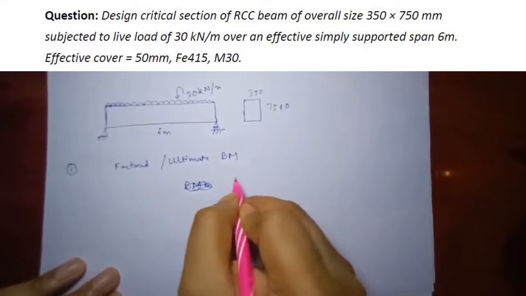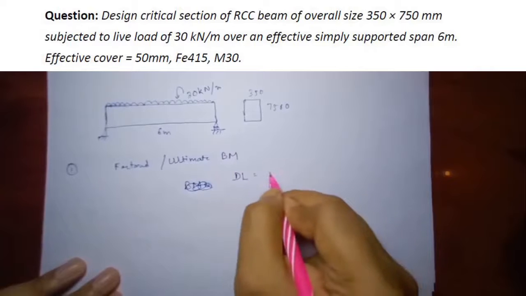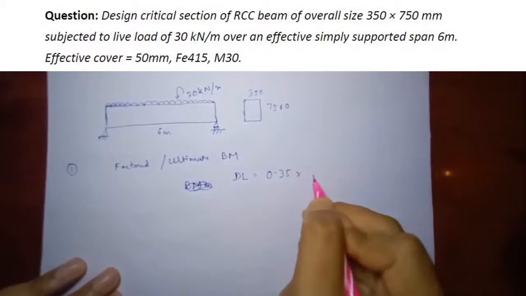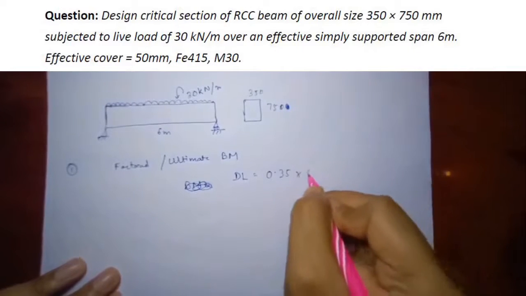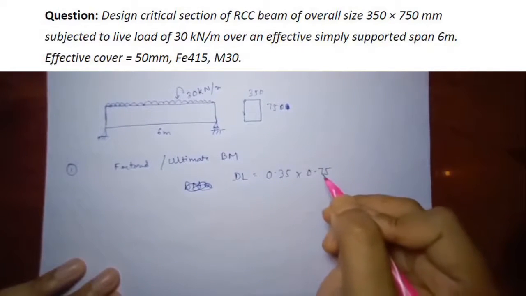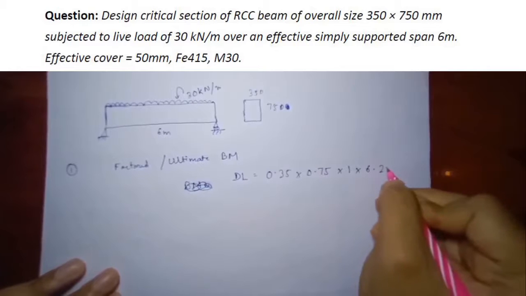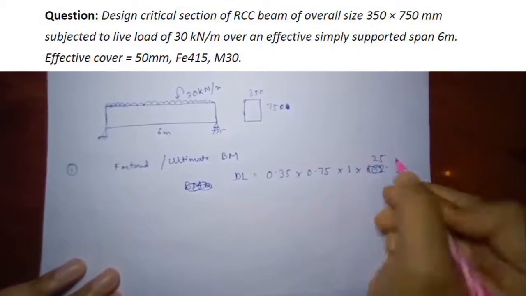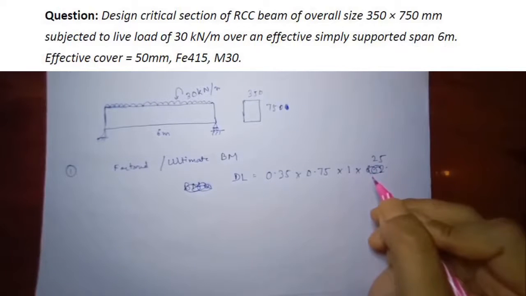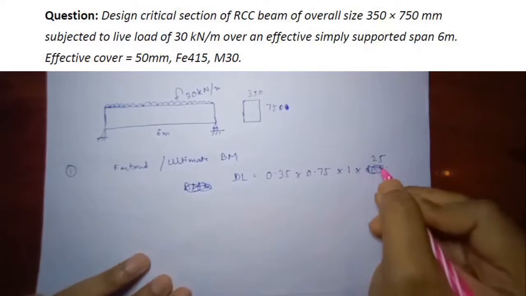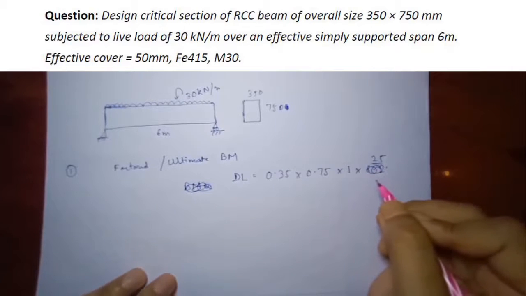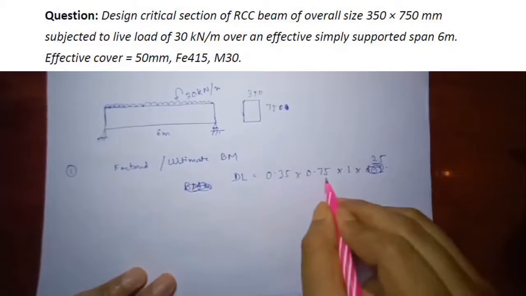Let us consider the dead load is equal to 0.35 multiplied by 0.75 multiplied by 1 multiplied by 25. 25 is the unit weight of our concrete, because the grade is given as M30, so I am assuming 25 kilonewton per meter cube as the unit weight of concrete, and multiplying it with 0.75 and 0.35 as the cross section.